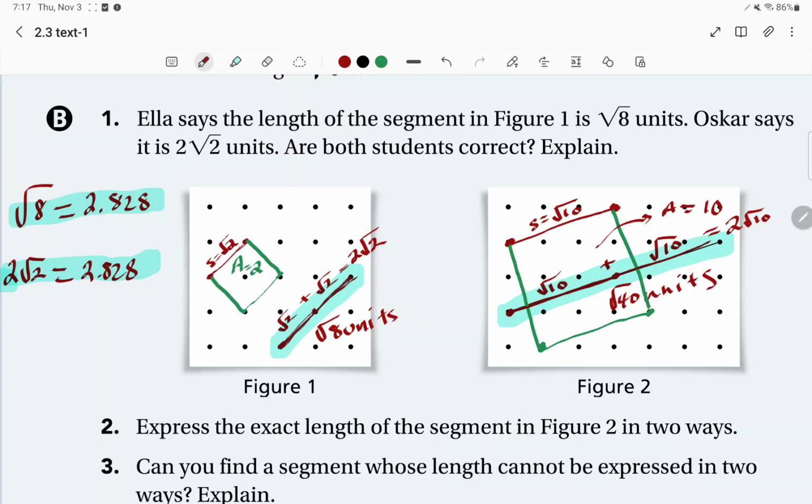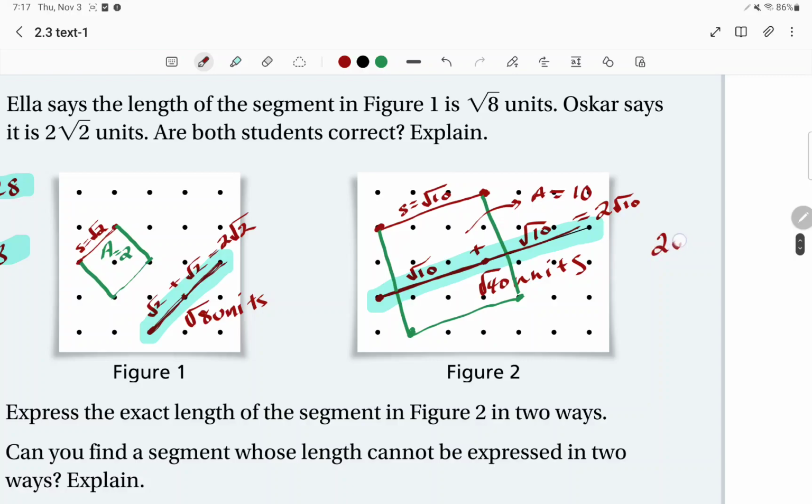In your calculator, see if the 2 square root of 10 and the square root of 40 are the same thing. Go ahead and punch those in your calculator and see what you get.